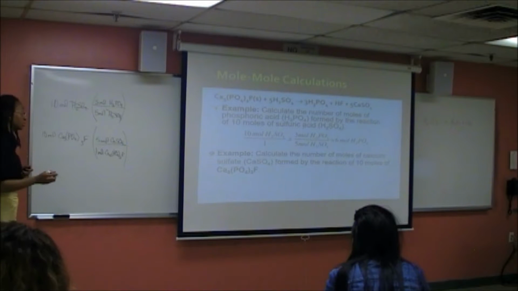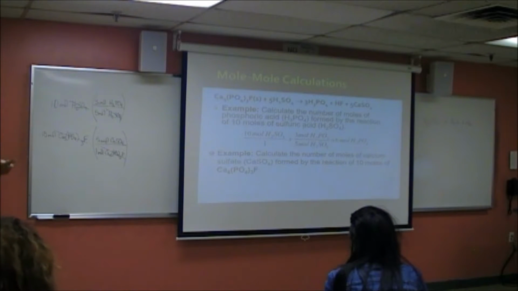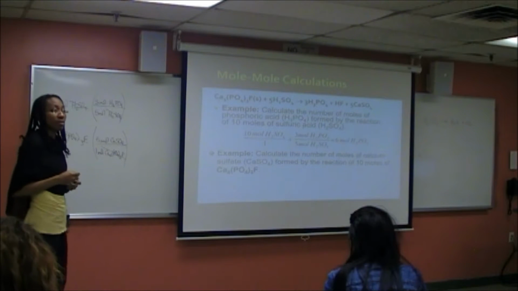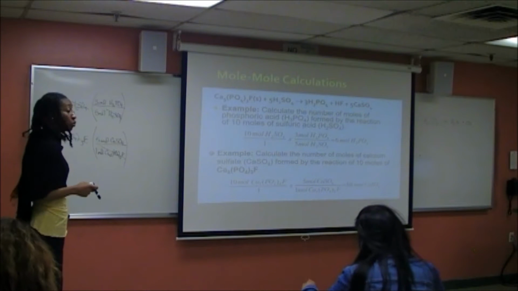What do you do next? Cross it out. Multiply across, divide by the bottom, what do we get? I'm just going to show everything, right? Yes, you must show me everything.